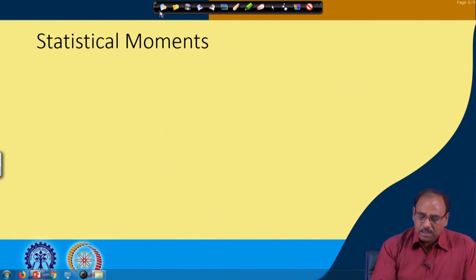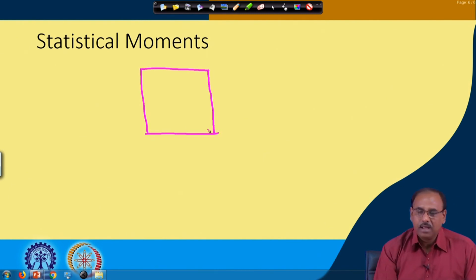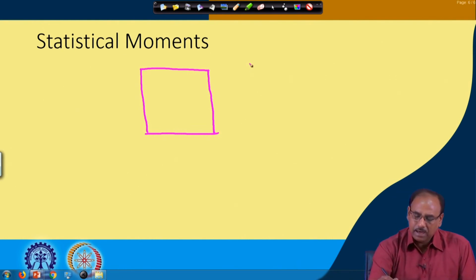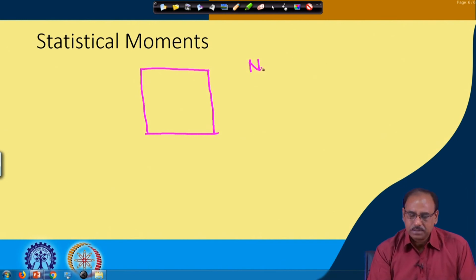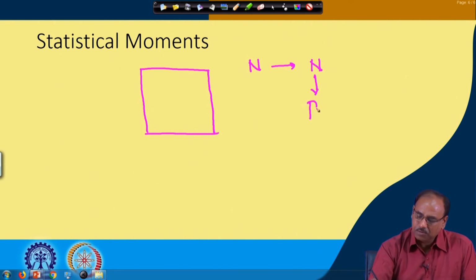If we had started with, say, a square shape, suppose this square shape had capital N boundary points, and from these N boundary points we have also obtained N Fourier coefficients. Then out of these N Fourier coefficients, I have considered the first P coefficients.